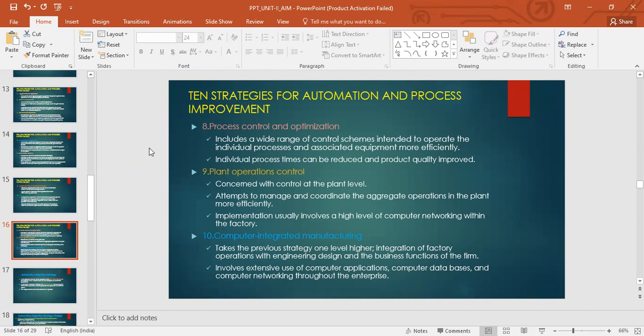So that will help you to better automate, isn't it? When you have workstations connected to each other, that will help us in coordination. Like if a certain machine is not working, then we can reroute the components to another machine. That coordination is possible when you have plant level operation control.